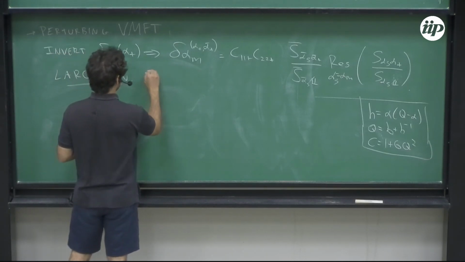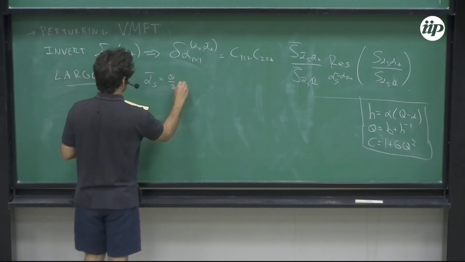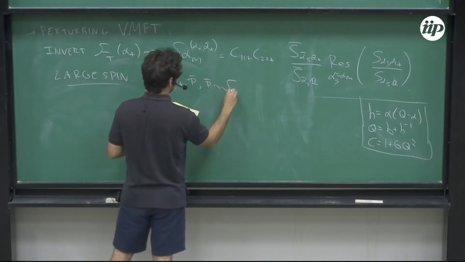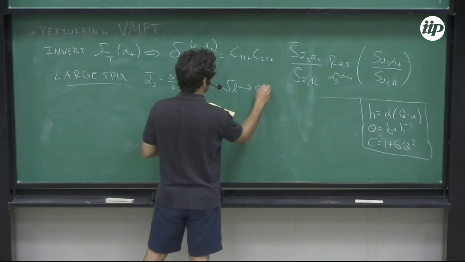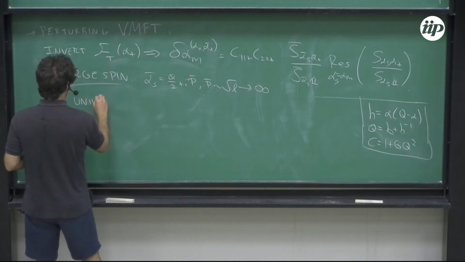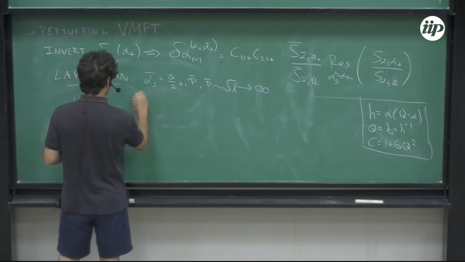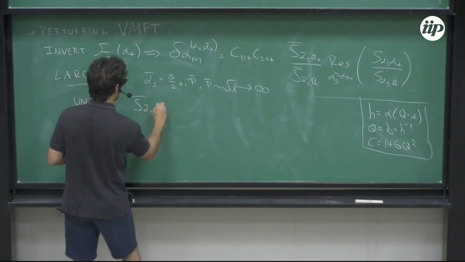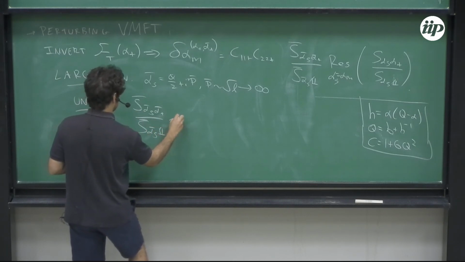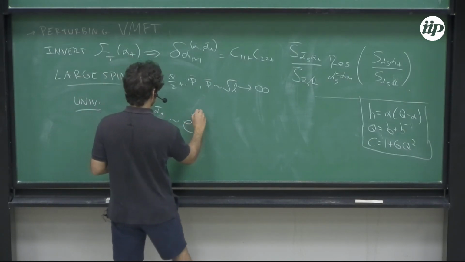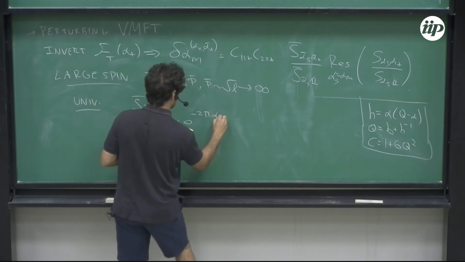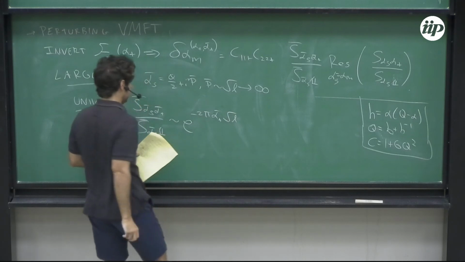So that means we take alpha S bar equals Q over 2 plus i P bar, and you take P bar, which is going to be of order root spin, to infinity. And when you do this, the statement of universality is that this ratio of kernels decays exponentially in the spin.